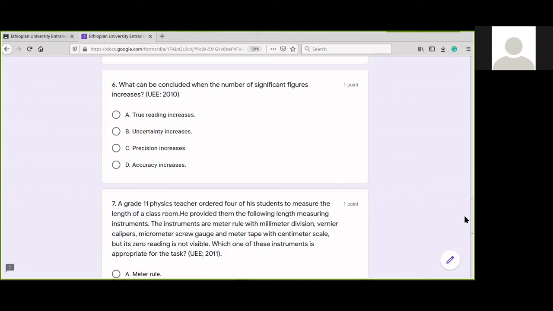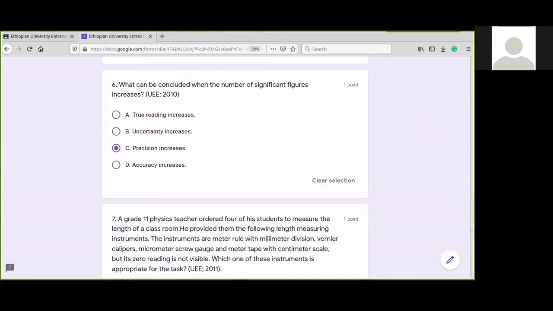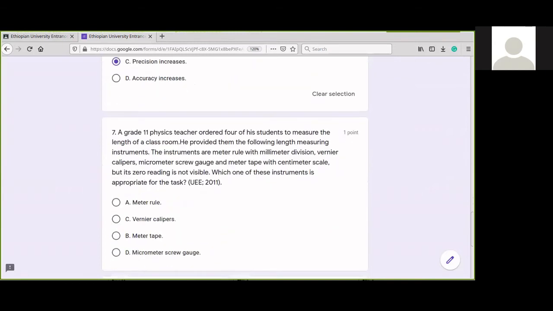If the significant figures increase, we can say precise, but we cannot say accurate. I said precision increases. Do you agree with my idea? Yes. So let's make the answer option C.